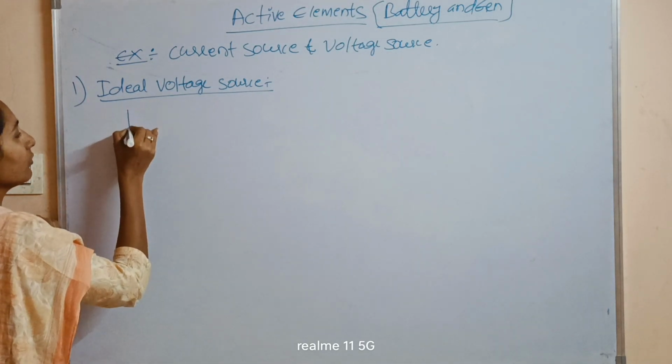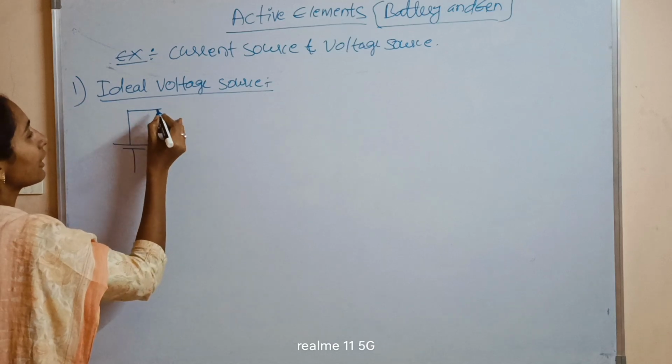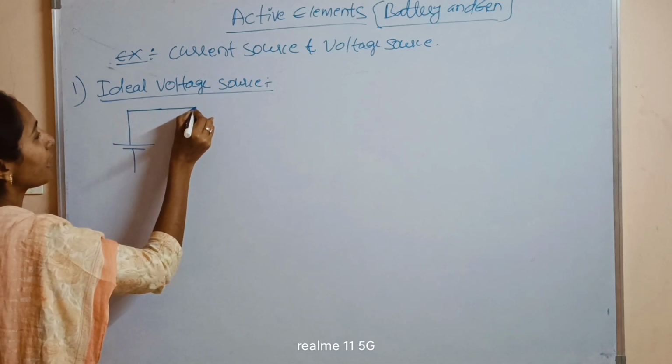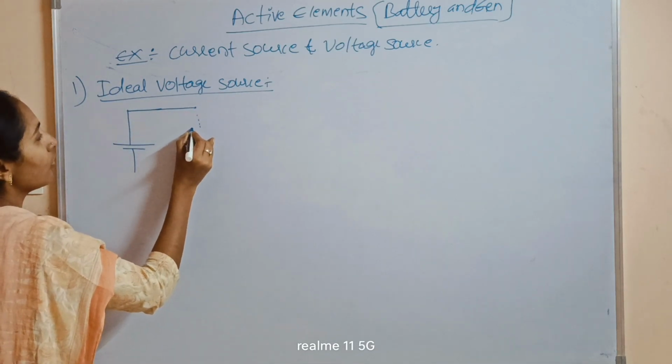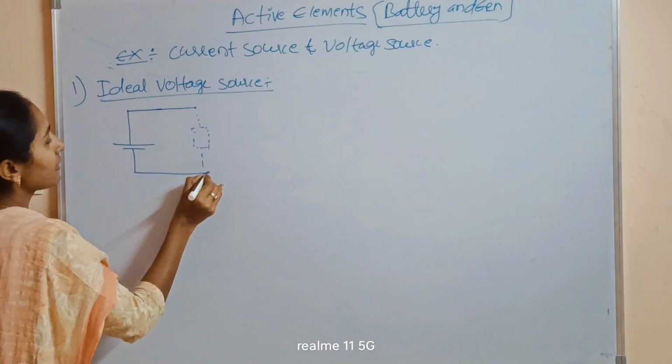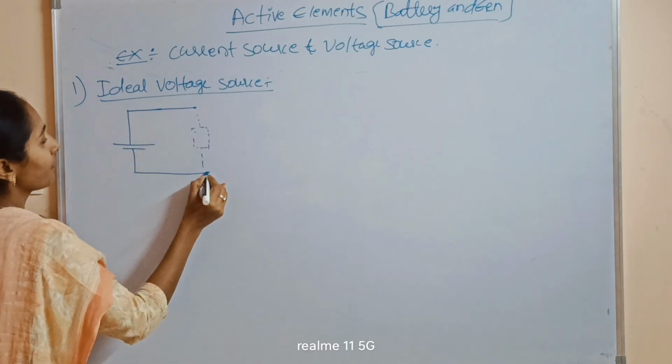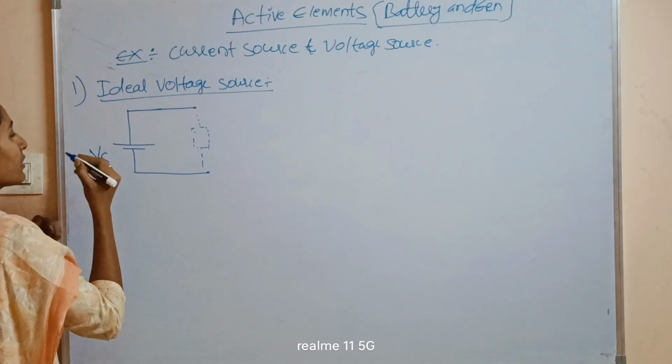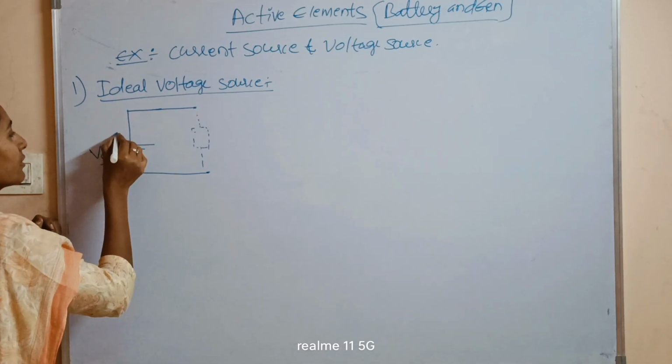Now this voltage source is connected to two load terminals. This is a load, I am assuming one load here, and this is the source. This is negative, this is positive.